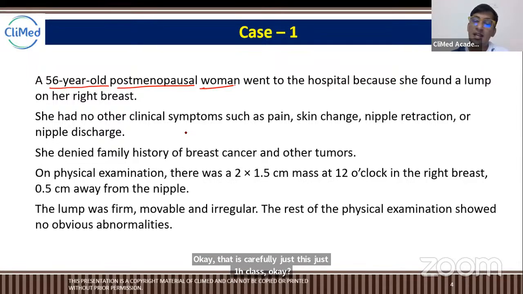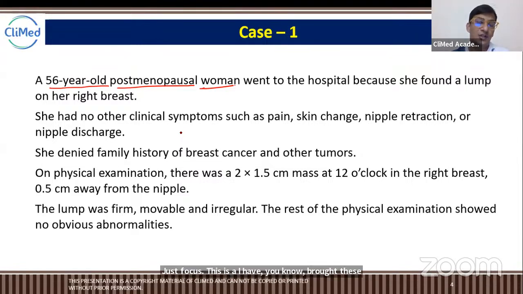I have brought these cases from multiple good resources like the NIH and the National Library, and big journals like NEJM and BMJ. Please focus here, it is very important to understand. I have not taken the entire case, just the simple things about it, but you will understand a lot.